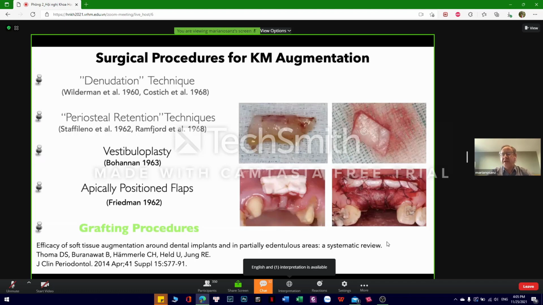We only use grafting techniques because the graft is the only way to prevent this recurrence of the position of the mucogingival line and alveolar mucosa.